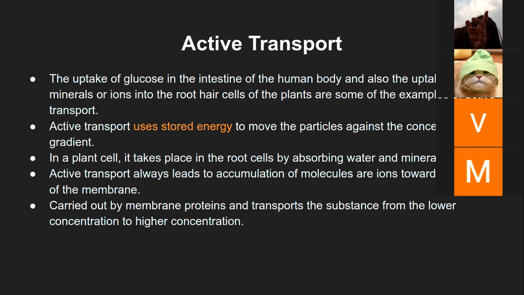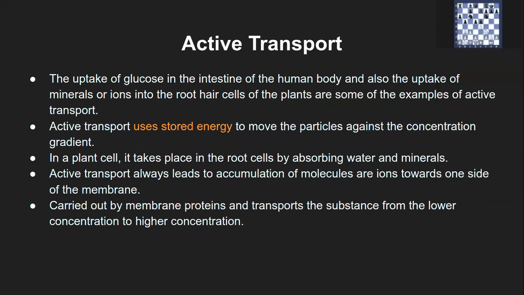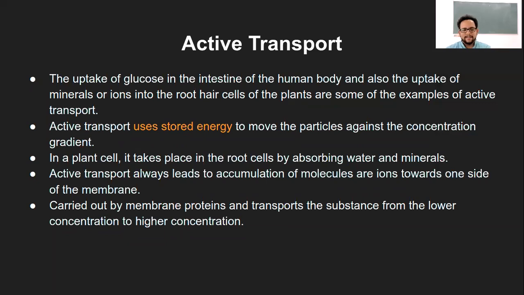So maybe why it needs active transport is because, see, from uptake of glucose in the intestine of the human body, the intestinal wall, it has what's it called? I think it has villi or something. And villi are cells, I guess.